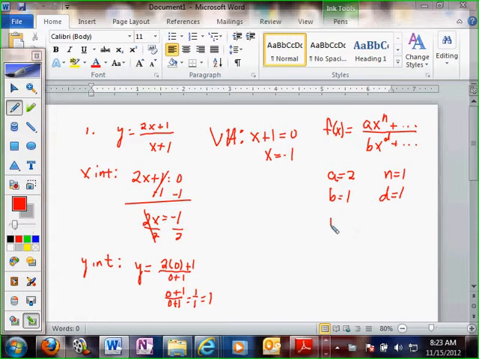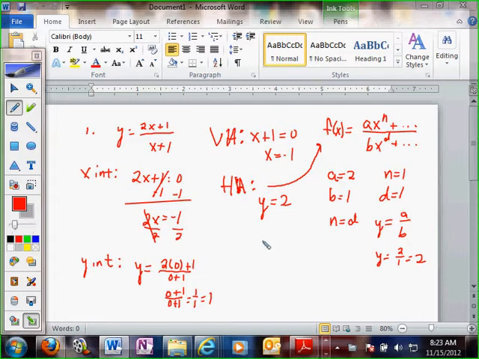It tells you that if n is equal to d, which it is, then my horizontal asymptote is going to be y equals a over b, which is y equals 2 over 1, which is 2. So y equals 2 is my horizontal asymptote.